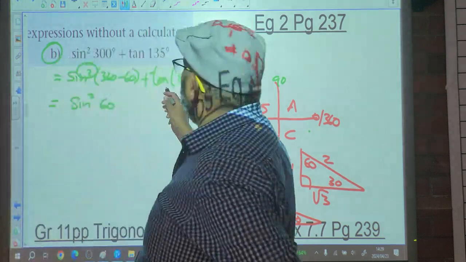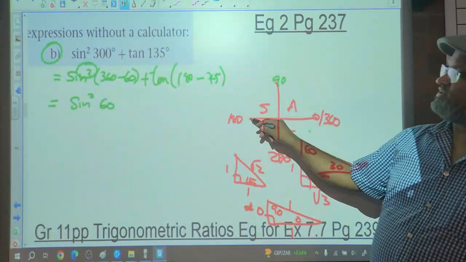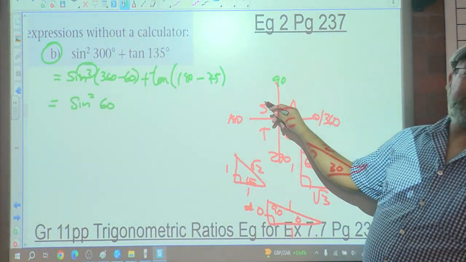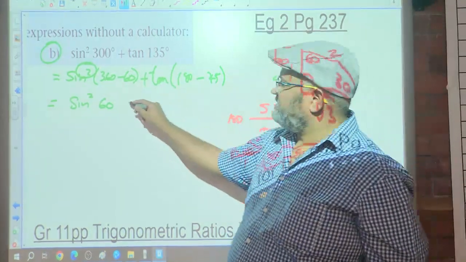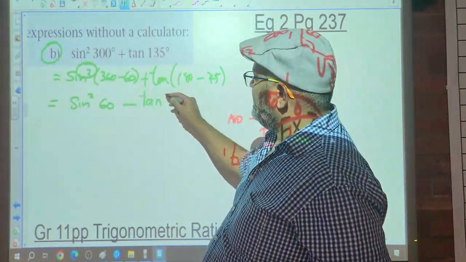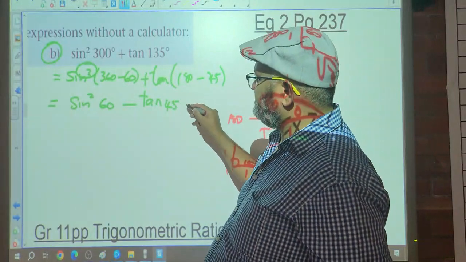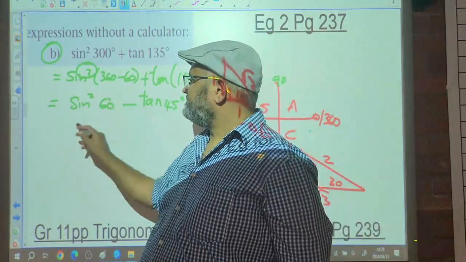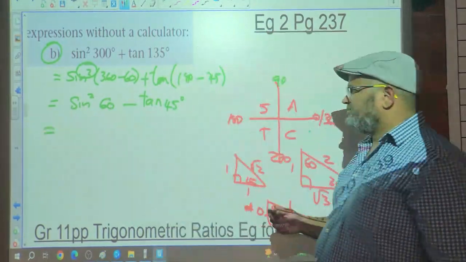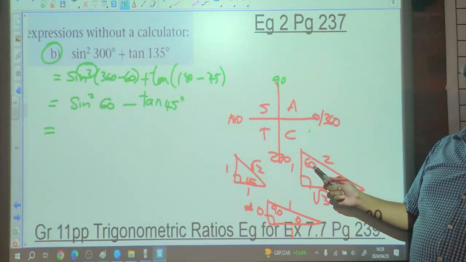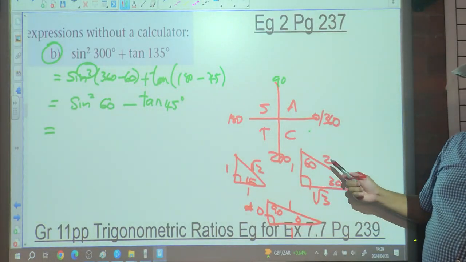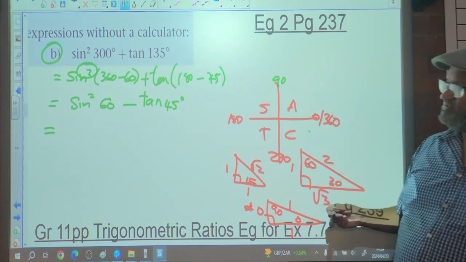Okay, people, 180 minus 45 is in which quadrant? Second quadrant. Is tan positive or negative? So it's negative tan. Now what? Sine 60, what does sine stand for? Opposite over hypotenuse.